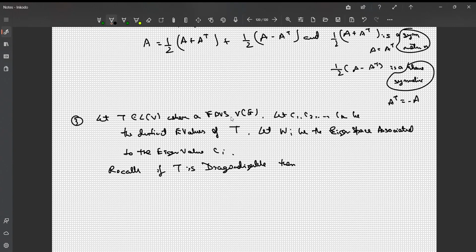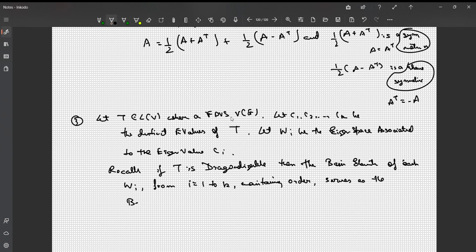We had this equivalent statement: if T is diagonalizable, then the basis elements of each Wi, from i equals 1 to k, maintaining order, serve as a basis of T. But this was the third statement in the set of equivalent statements.